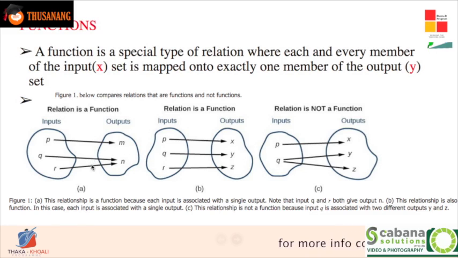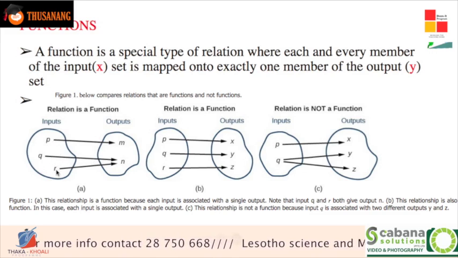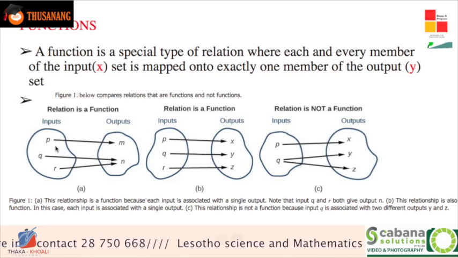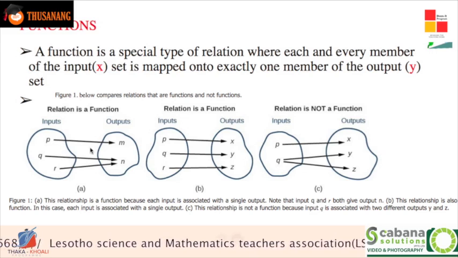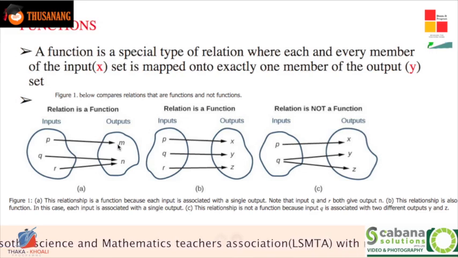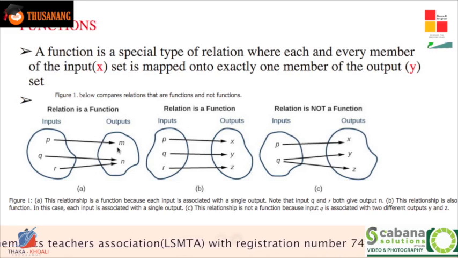When we look at diagram A here, we have our inputs P, Q, and R. Each and every element of the input here is mapped onto exactly one element of the output. Let's confirm that.